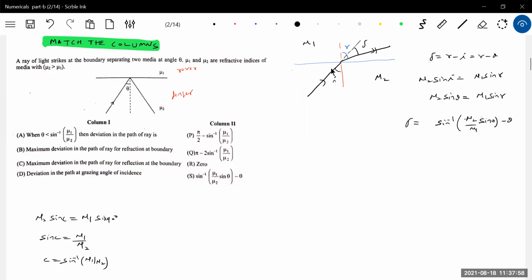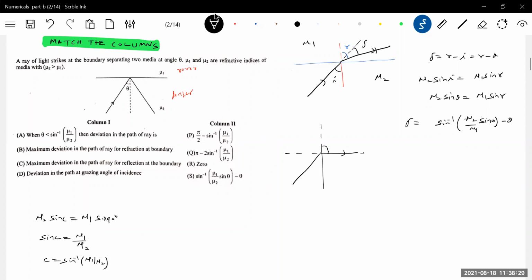Next again, maximum deviation, the path of the ray for refraction at the boundary. What do you mean by maximum deviation? Maximum deviation should be when it grazes, when it goes for grazing emergence, then only the deviation is maximum, no?